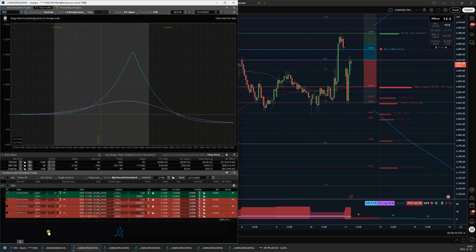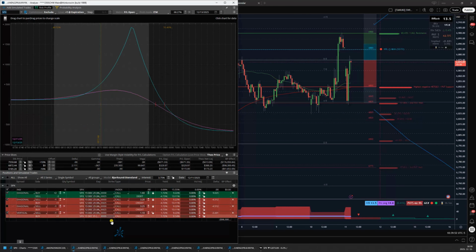I just wanted to show you another adjustment possibility that someone can do if you have a diagonal like this and still want to stay in the position but don't want to risk the downside, or at least harvest some of the money you have on the table. You can short a vertical spread, which means that you are rolling the 6930 to 6935, and that's why you get $1.10 as a credit.